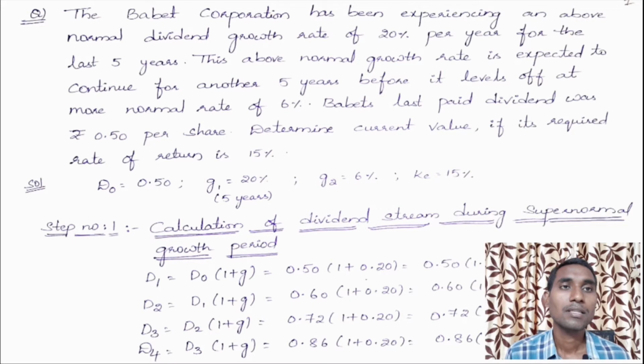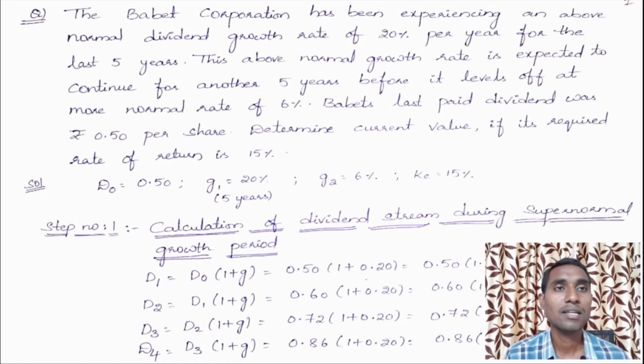That means the dividends grow at 20% each year till 5 years before it levels off at a more normal rate of 6%. So again, after 5 years, this 20% growth rate will decline to 6%. Then they will grow at 6%.